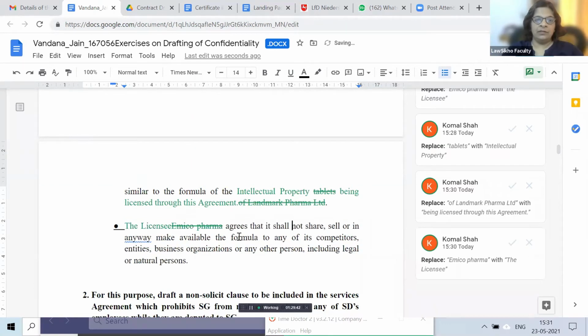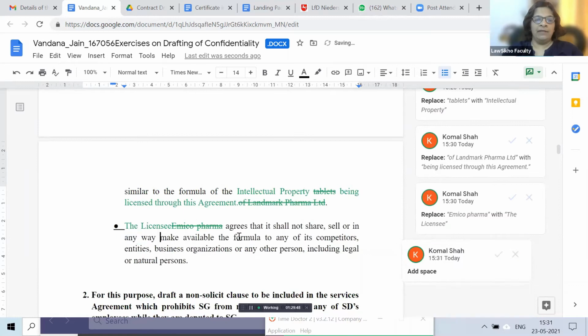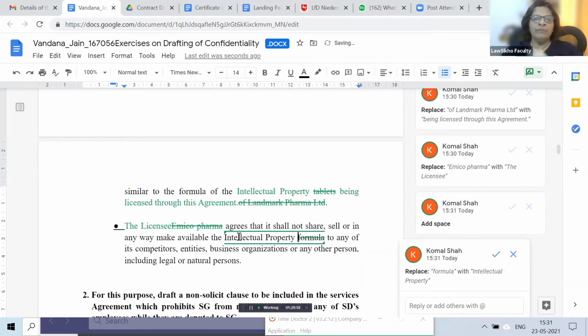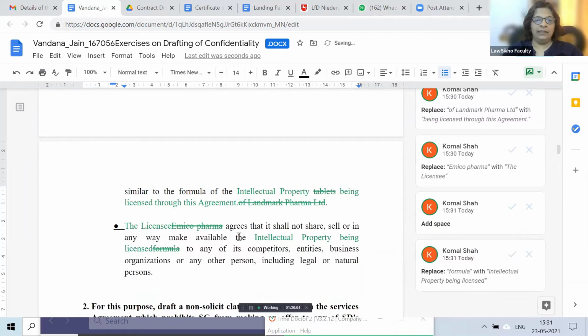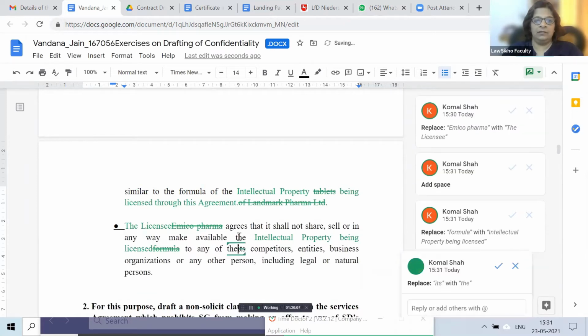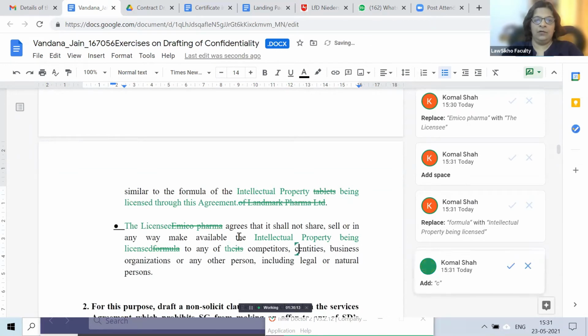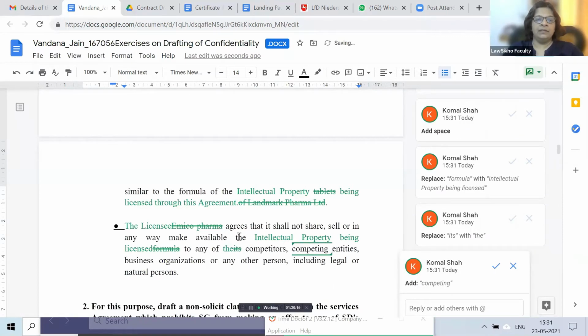Licensee agrees that it shall not share, sell, or in any way make available the intellectual property being licensed to any of the competitors or competing entities, businesses, business organizations, or any other persons, including legal or natural persons.